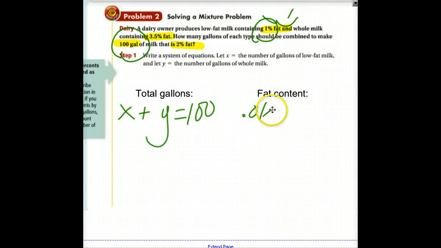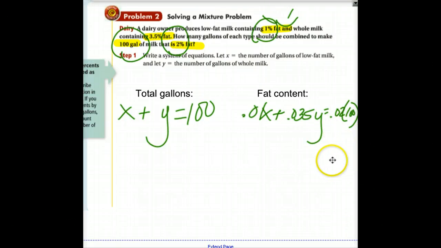So 0.01 times the number of gallons plus 0.035 times y amount of gallons equals, we want our mixture to be 0.02 times 100, not for 100%, but because we want 100 gallons of this 2% milk. So remember that this 100 isn't standing for the percent. A lot of times we multiply percents by 100. This is standing for the amount of gallons we want of the 2% milk.